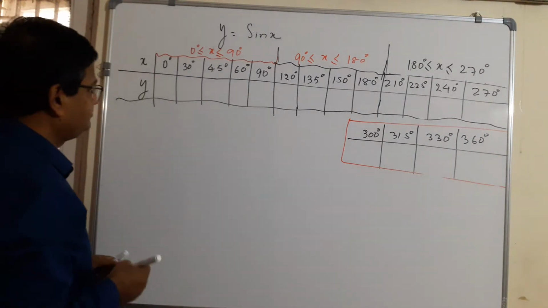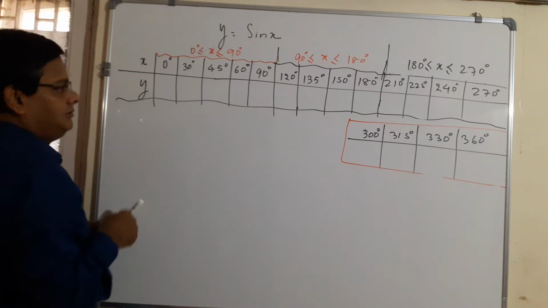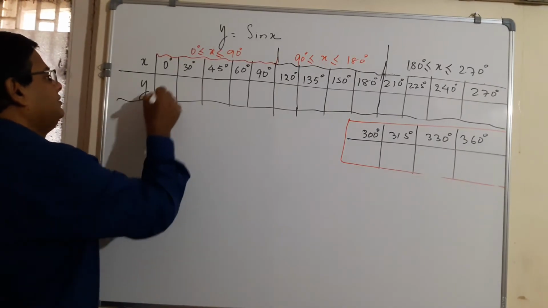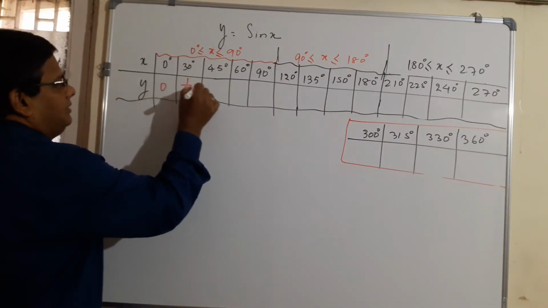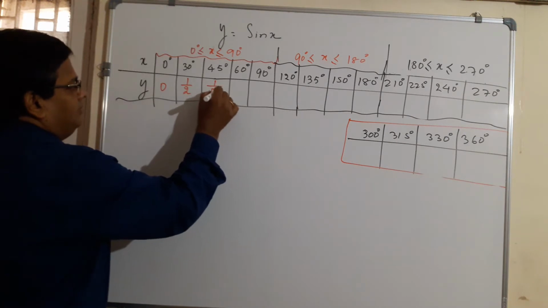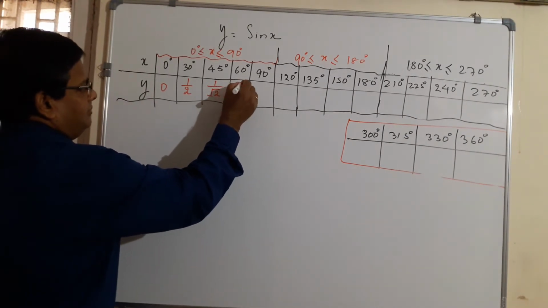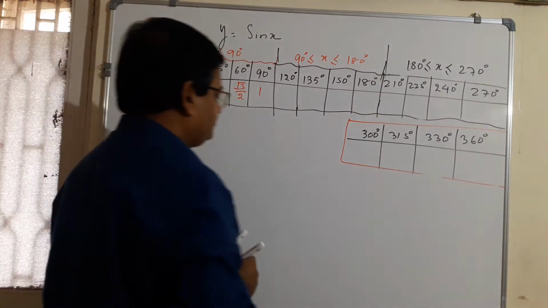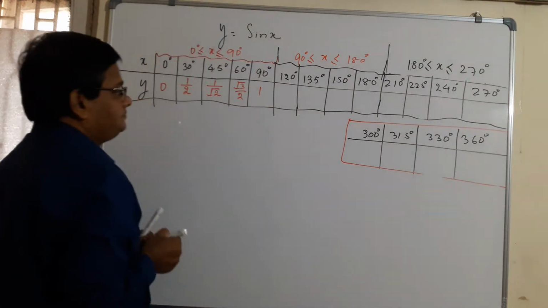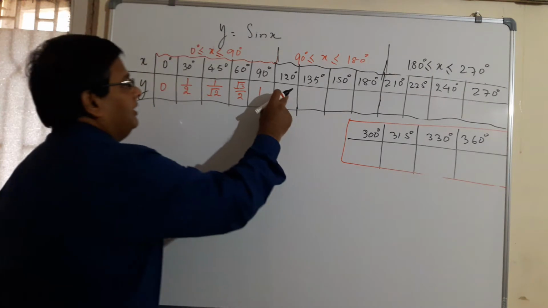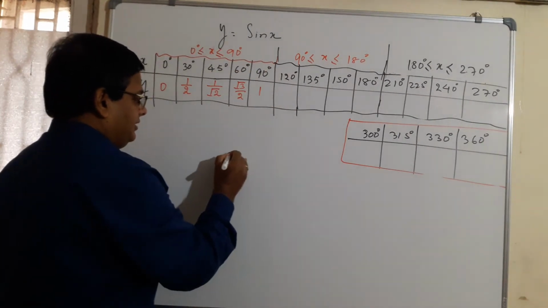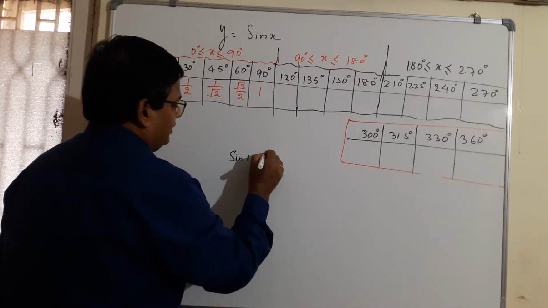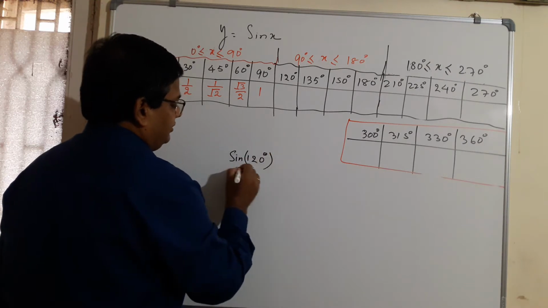So see here, we already discussed that sin 0 degree is 0, sin 30 degree is 1 by 2, sin 45 is 1 by root 2, sin 60 degree is root 3 by 2, and sin 90 degree is 1. Now we have to find out the sin 120 degree value.